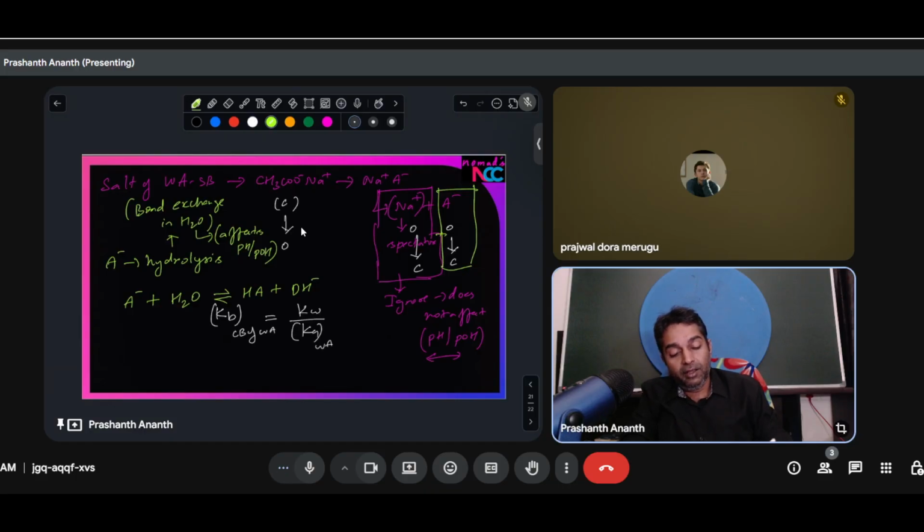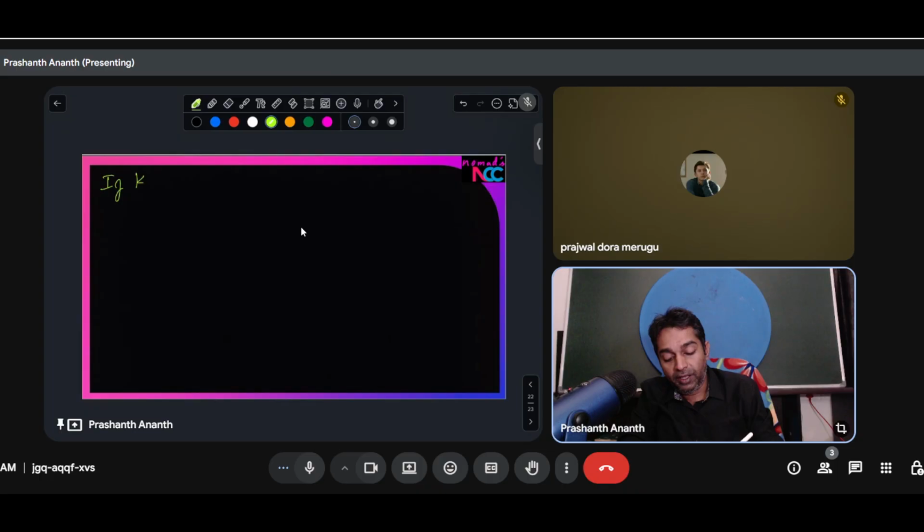And if Kb of conjugate base is less than 10 power minus 3, all the expressions we derived earlier are applicable. So what are the expressions which get applicable now?